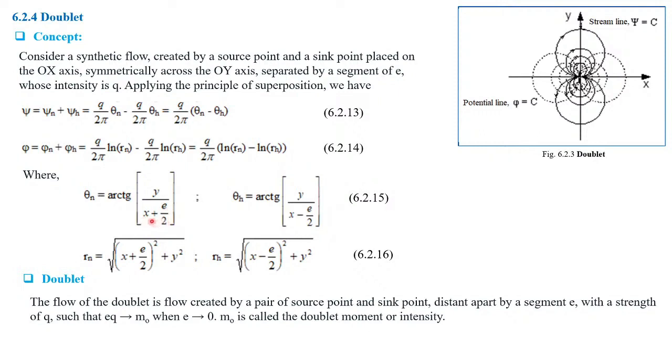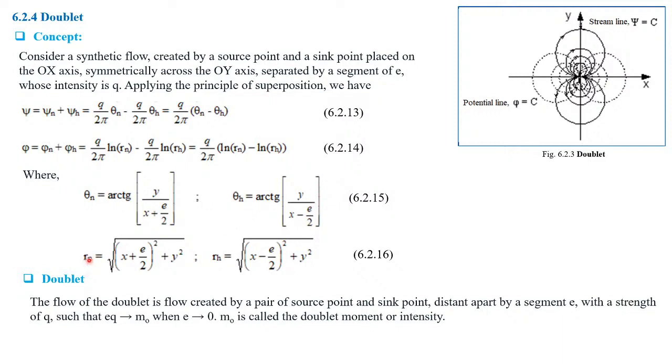Therefore we have x plus e over 2. And for theta of the sink, we have arctan of y divided by x minus e over 2, because x0 is here on the positive x-axis.